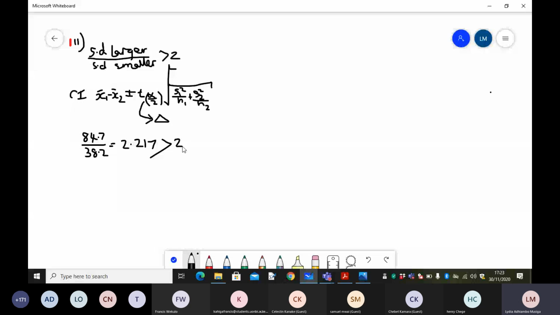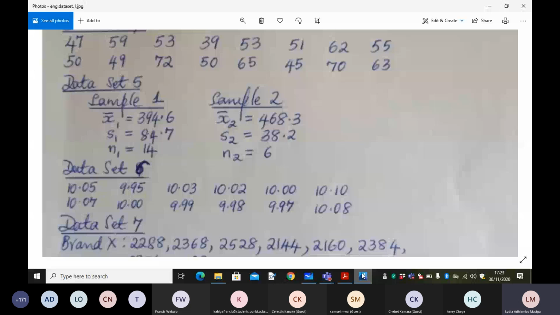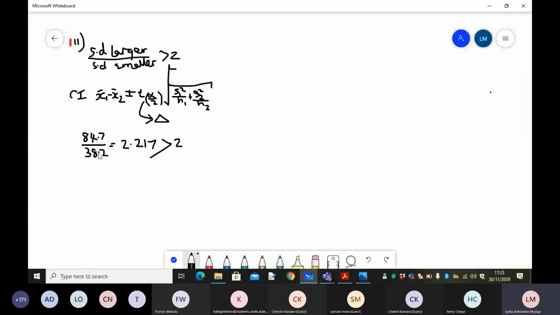So now we have X bar 1 already given, X bar 2 already given, and S1 and S2 given. All we need to do is to square them when substituting in the formula.